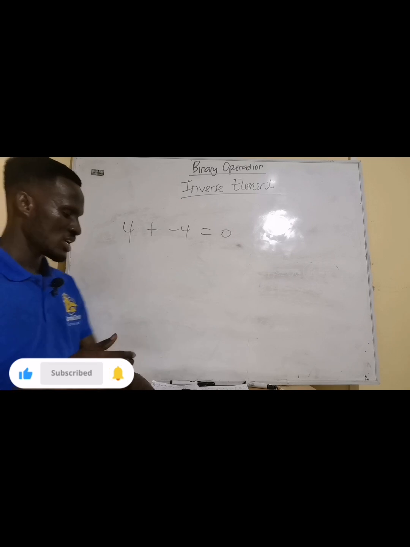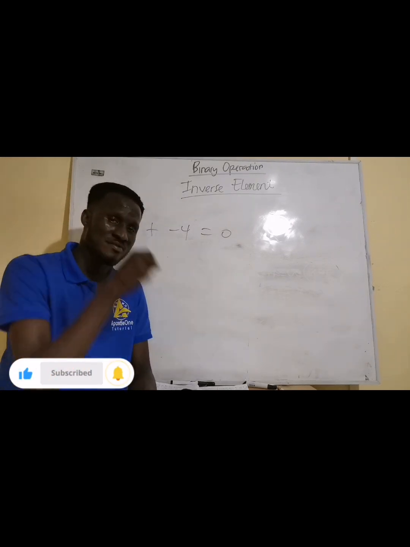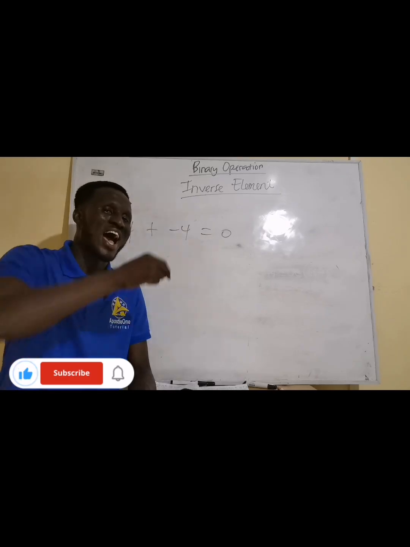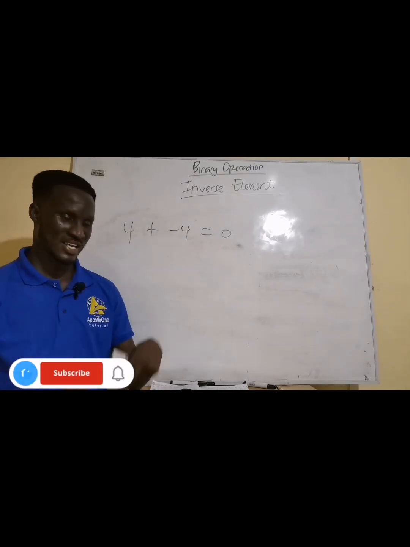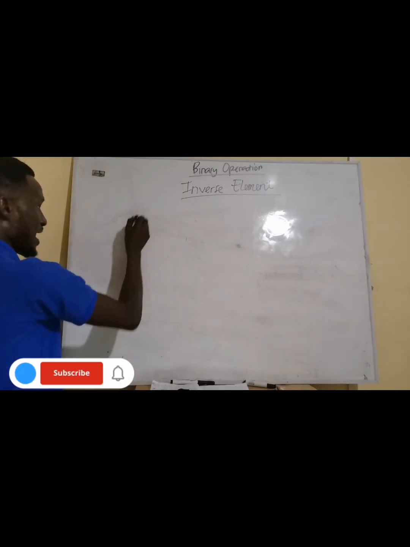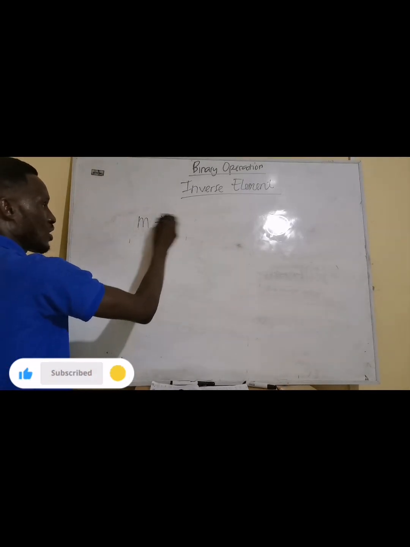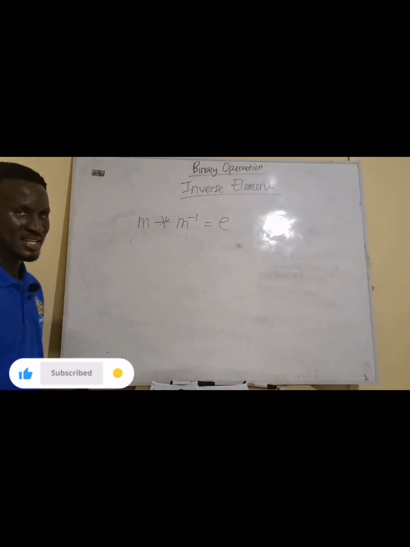So what you have to know is that anytime a number operates on its inverse, we are supposed to get an identity element. That is what helps keep you in mind.